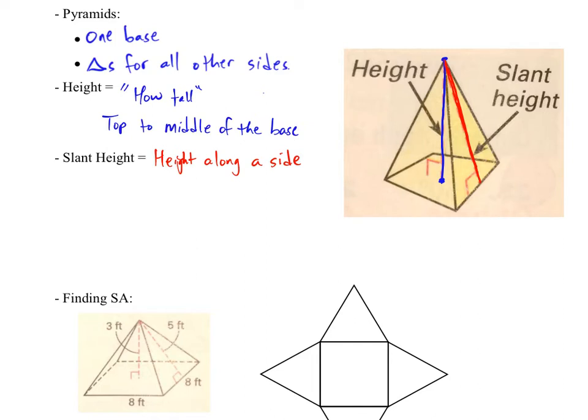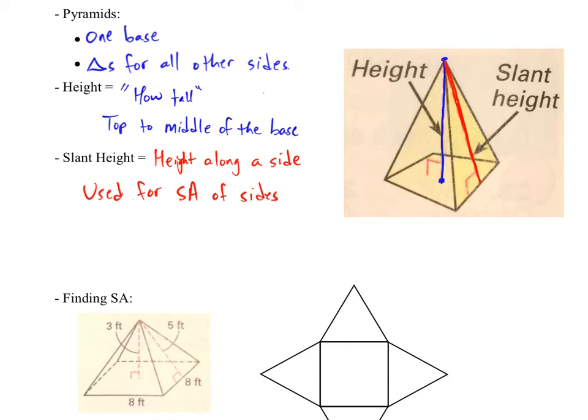Slant height. Perfect. Because we're going to be looking for what's the area of this side of the triangle, that face, you could say. And it would have to be that slant height is the height of that sloping brown side. Agreed? So then you could say the slant height is used for surface area of the sides.